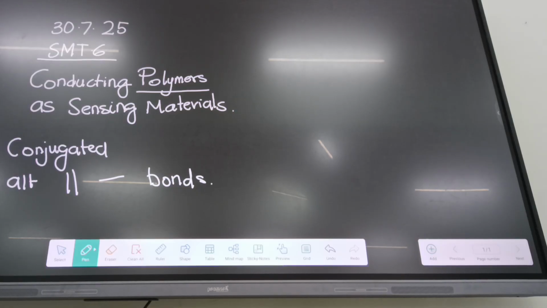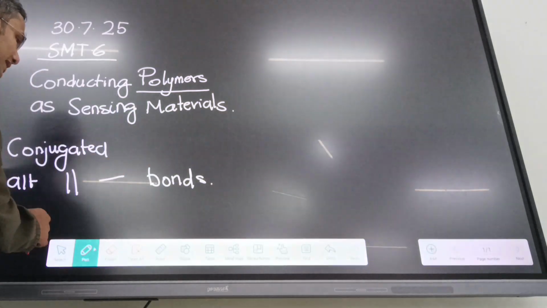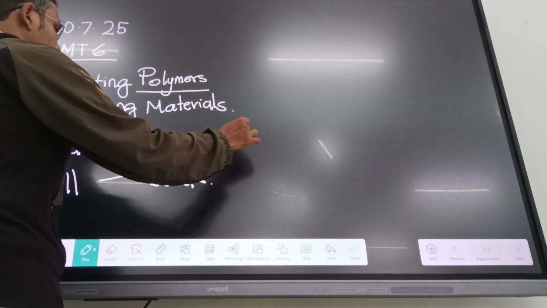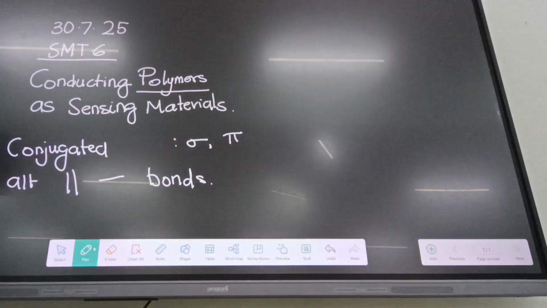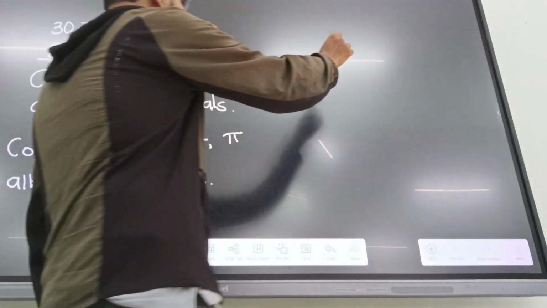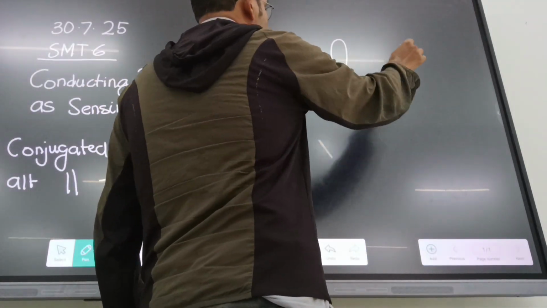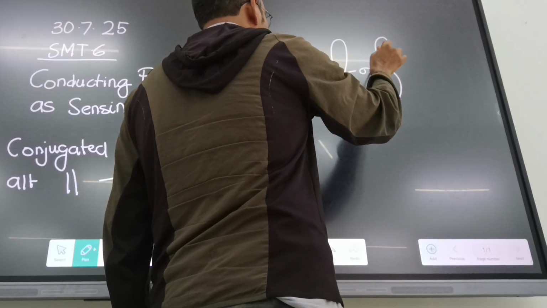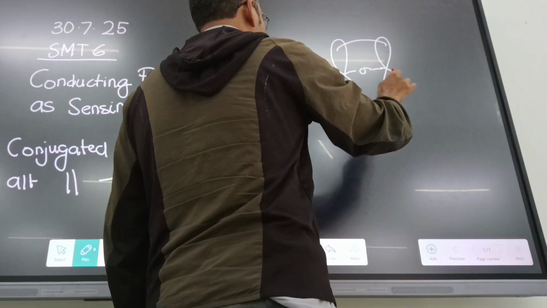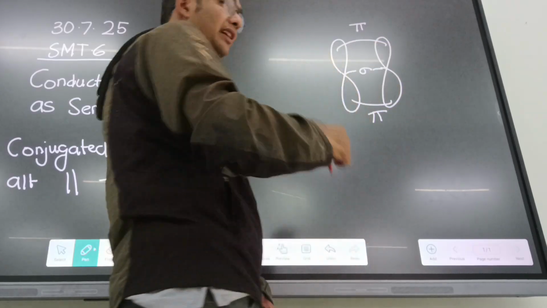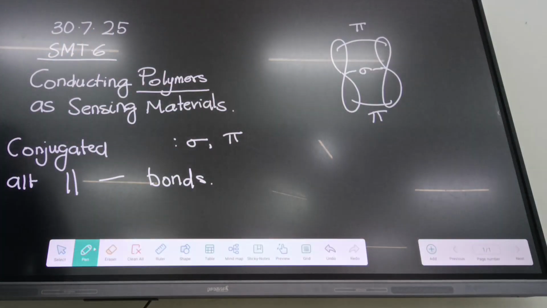So due to this conjugation, with double and single bonds, you have a sigma bond and you have a pi bond. This is where a sigma bond is formed, and this is where a pi bond is formed. I think you know all these things.